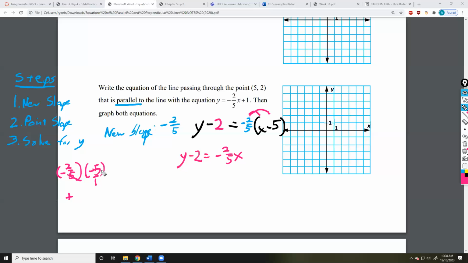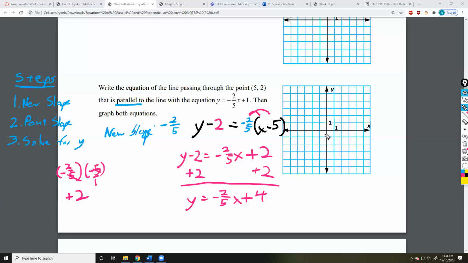So the 5s are going to cancel here, and I'm just left with 2. So plus 2. So now to get y by itself, solve for y, I just need to get rid of subtracting by adding 2 to both sides. Y equals -2/5 x plus 4.